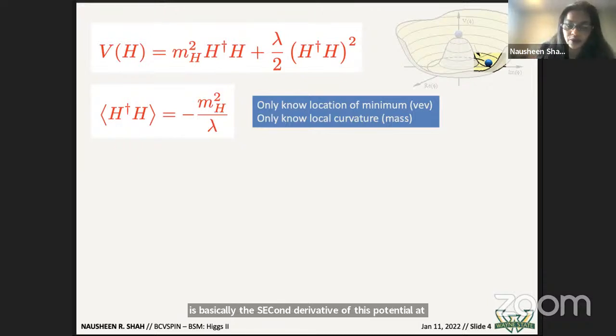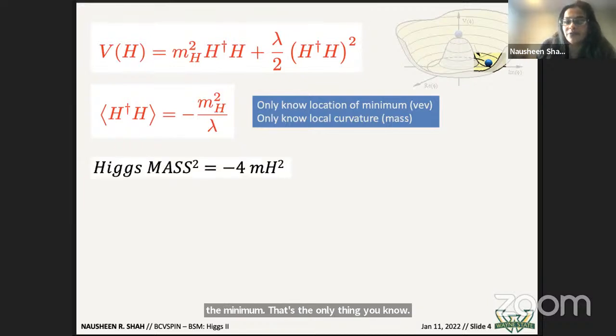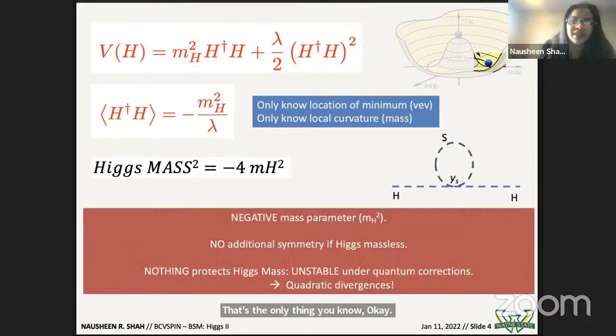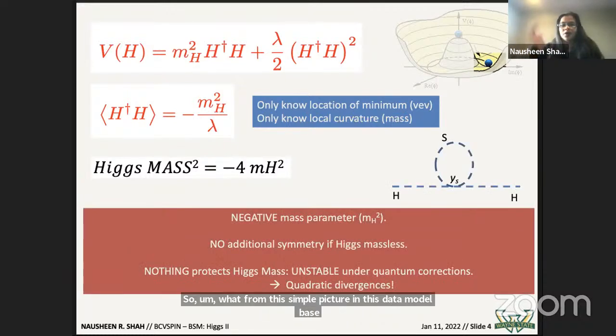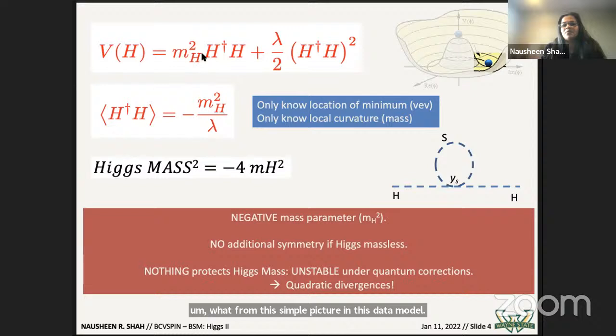That's the only thing you know, okay? So from this simple picture in the standard model, basically all you know is that somehow this parameter over here is a negative mass parameter, because the Higgs mass itself, the physical quantity, is a positive thing.